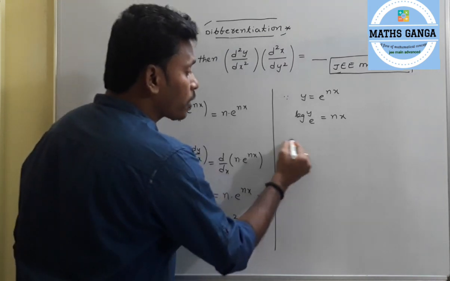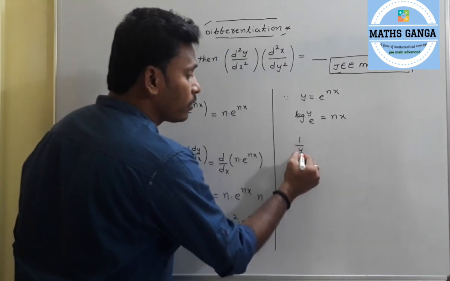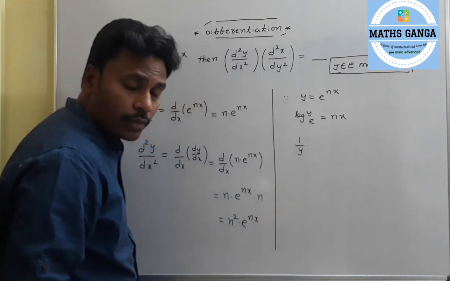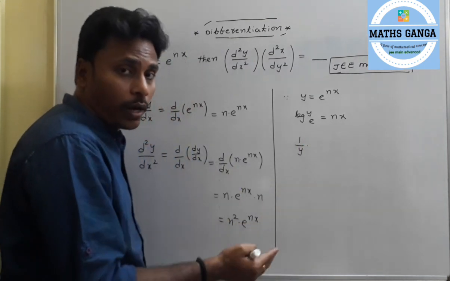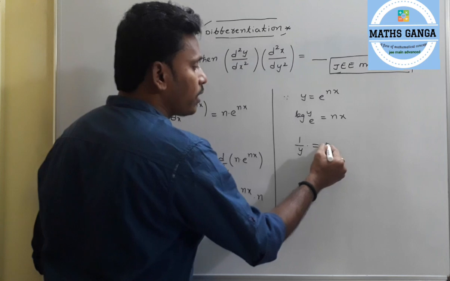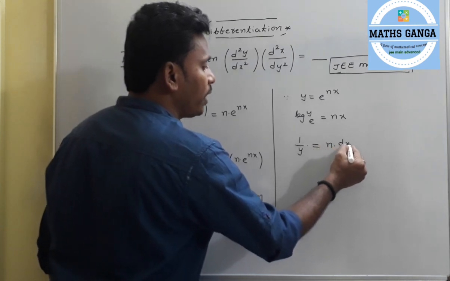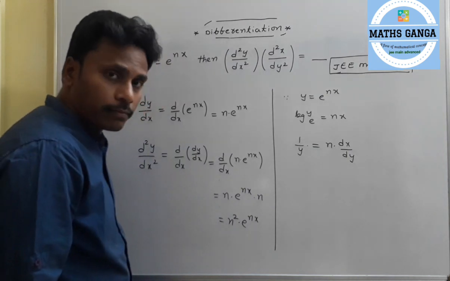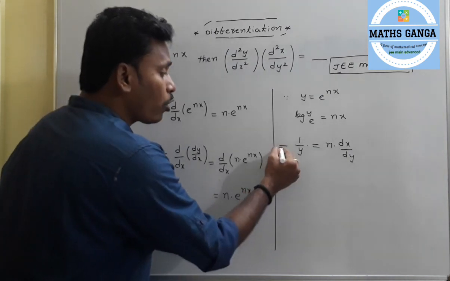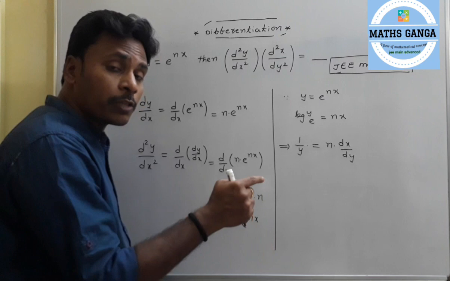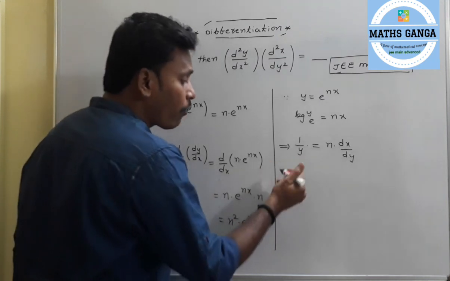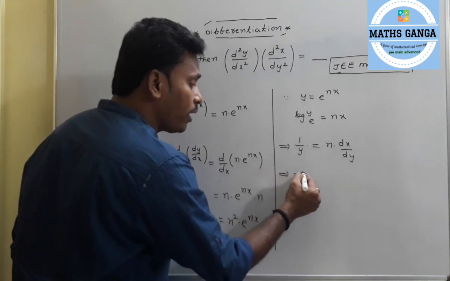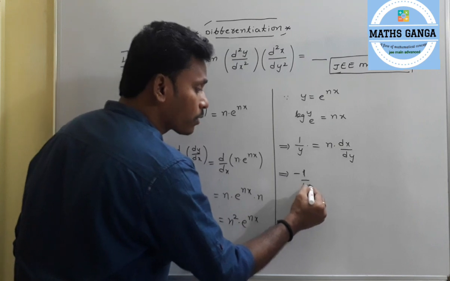If we differentiate with respect to y, we will get log y, the derivative is 1 by y. Since we are differentiating with respect to y, no need to mention anything. That is equal to n into dx by dy. Differentiating with respect to y. Okay. So one more time you just try to differentiate again with respect to y. 1 by y, if you differentiate with respect to y, that is minus 1 by y square.